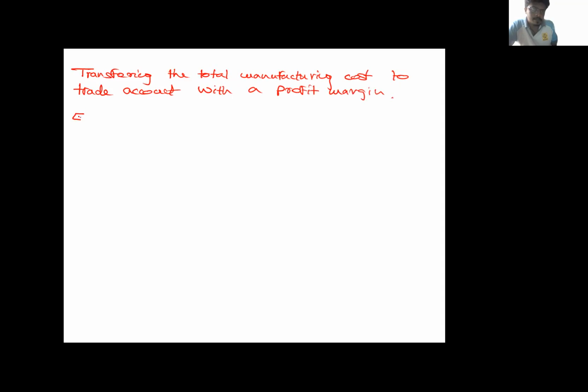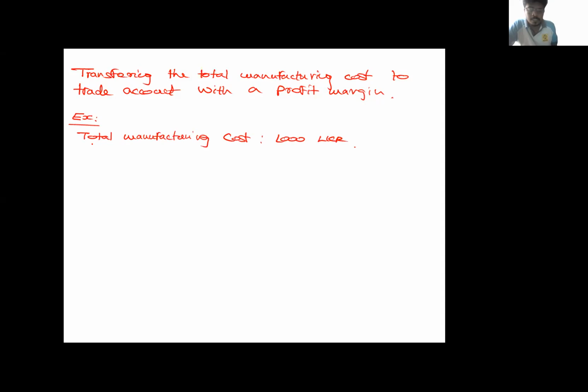As an example, let's say total manufacturing cost of a firm have identified within a period as 1,000 rupees.